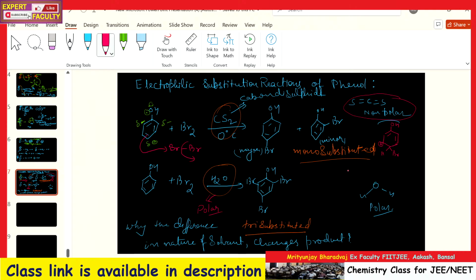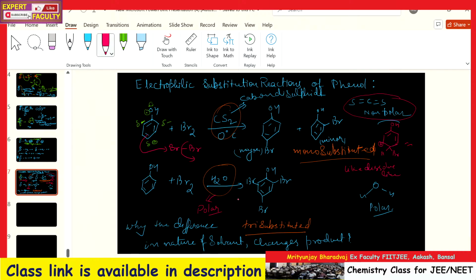We have seen this sentence even up to 10th, that like dissolves like. Have you heard about this proverb? So if the species are ionic, it will be better stabilized in what? Polar solvent. If the intermediate is an ionic, charged species, it will be better stabilized in the polar solvent.